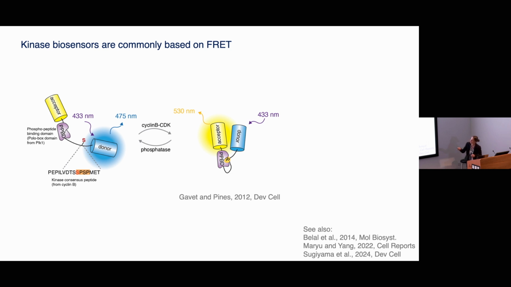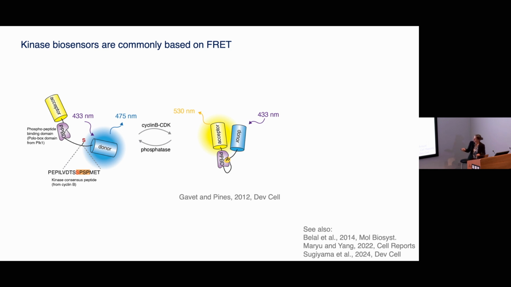You have your acceptor and your donor fluorescent protein, and then you have a short peptide sequence, which carries the consensus to the kinase you are interested in. And then they have a phosphopeptide binding domain, which upon phosphorylation is going to bind to the phosphorylated peptide, bring the donor and the acceptor fluorophore together, and you get an increased FRET ratio.